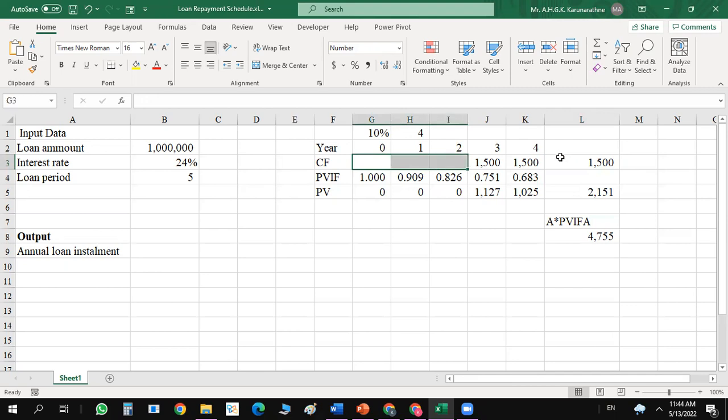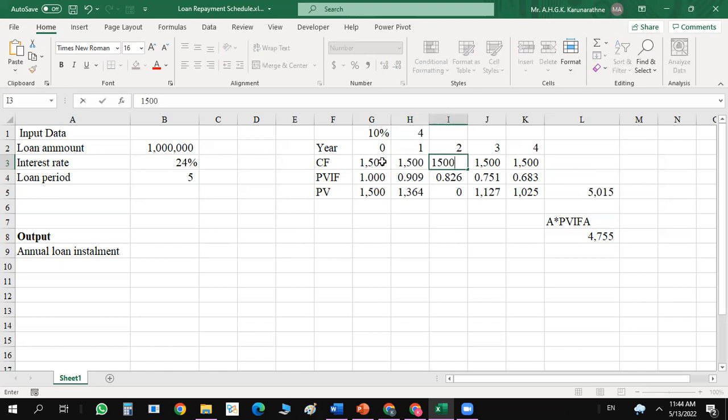So there are different cash flows, and you must know how to get the present value. And what is this? Is this an annuity? Yes, this is an annuity. This is called an ordinary annuity, or an annuity due.